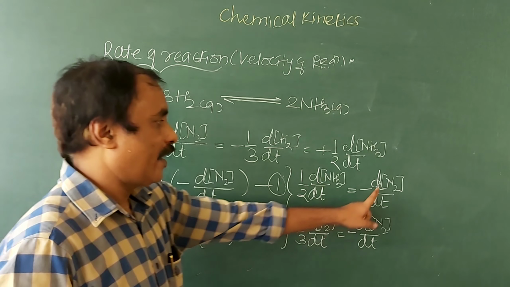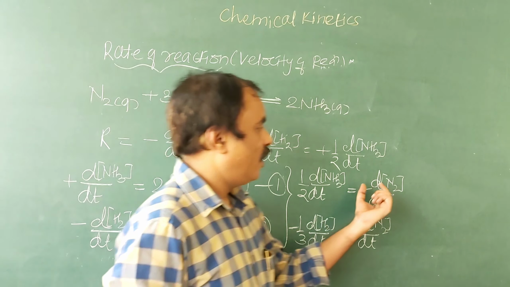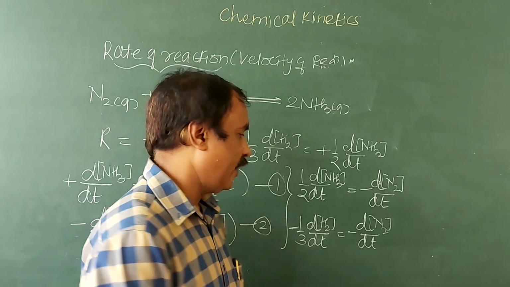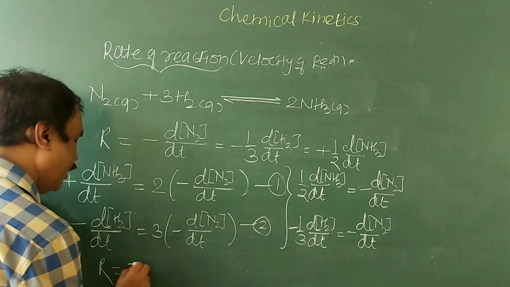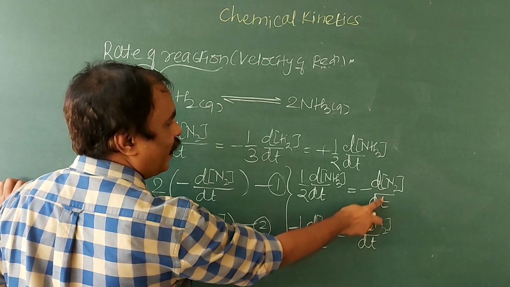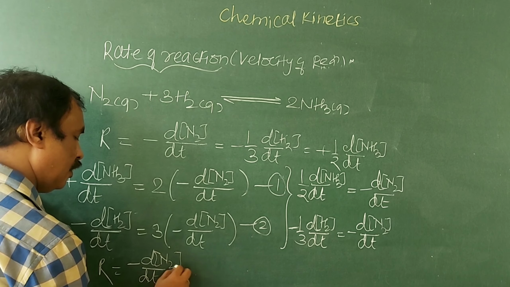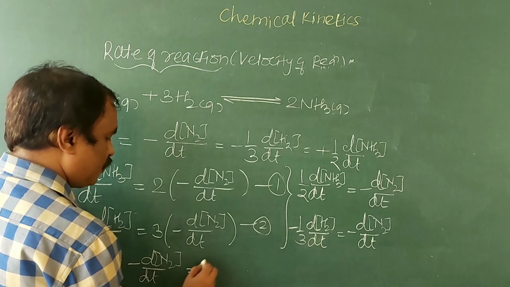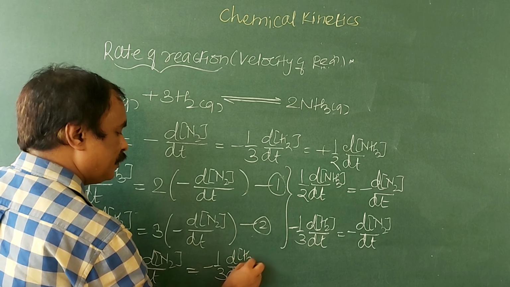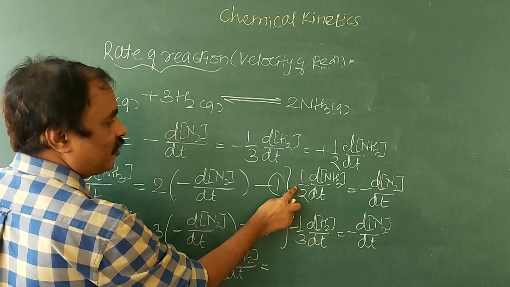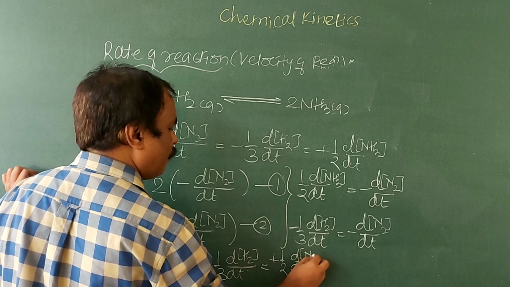From these two equations, the right hand side is the same. So we can write minus d by dt of N2, that is nitrogen, the rate of reaction R is equal to, in both the terms there is minus d by dt of N2 only, N2 is equal to minus 1 by 3 d by dt of H2 equal to, here it is positive, plus half d by dt of ammonia.